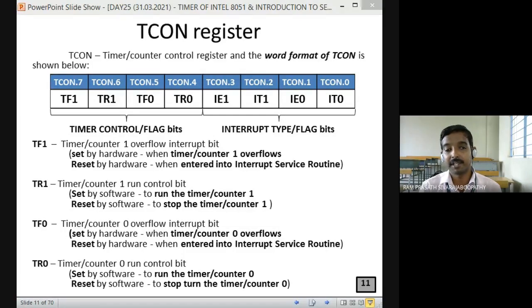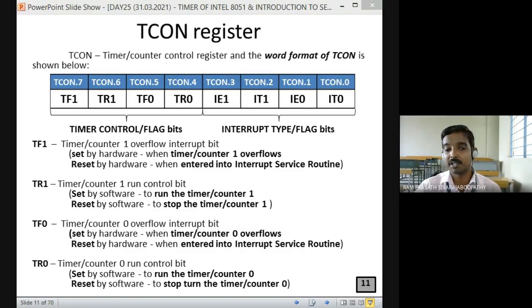To set the bit TR1, what instruction would you use? Yes, very good. SETB TR1, or SETB TCON.6. Both are going to be the same.